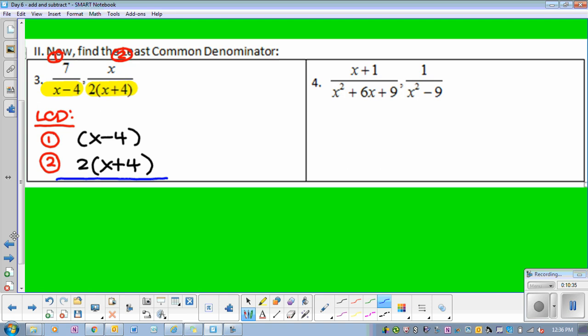The 2, I don't see another 2. X plus 4, I don't see another x plus 4. So, nothing in common, well then everyone just comes down. The 2 comes down. The x minus 4 comes down. And the x plus 4 comes down. Okay? And that is your LCD.